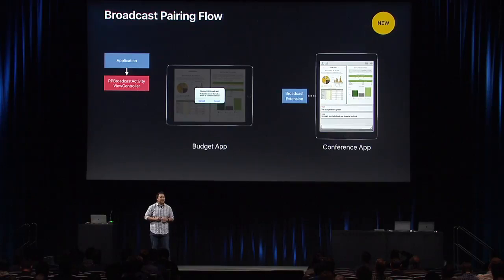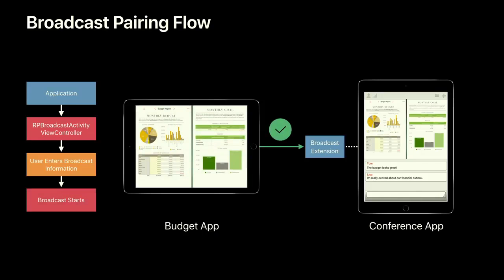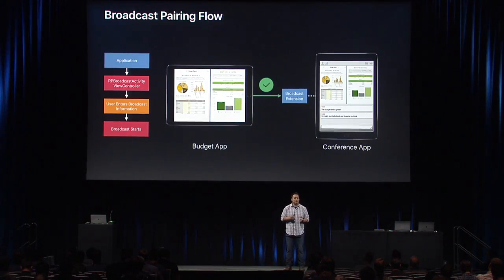When the user taps accept, ReplayKit will immediately launch the paired broadcast extension, allowing the user to input any information that might be important to their broadcasting session. When the user has finished inputting all their information, ReplayKit will start broadcasting to the paired broadcast extension. And just like that, our budget application is now streaming exclusively to its paired broadcast extension.